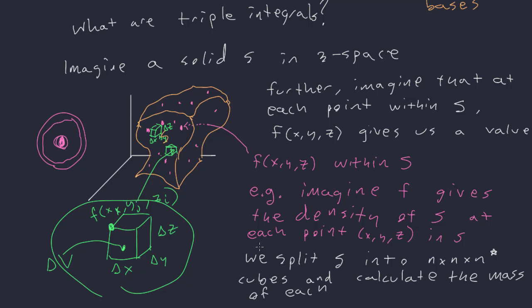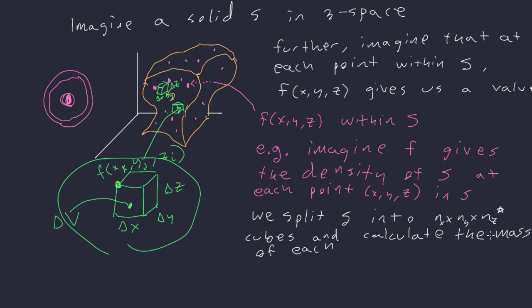All right, so we wrote a little bit of this down. We're going to split S into n by n by n. So I'm just assuming that it's the same number in each variable, but it could be n sub x, n sub y, n sub z. That part doesn't really matter that much. But we're going to calculate the mass of each cube.